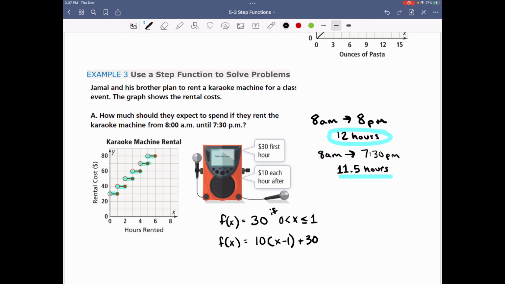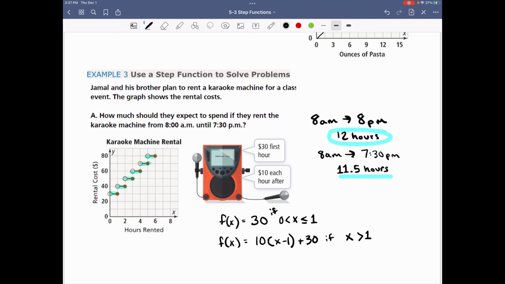And that is if x is greater than 1, but less than or equal to, I don't know, I guess it's infinite. So we can just write it as x greater than 1.